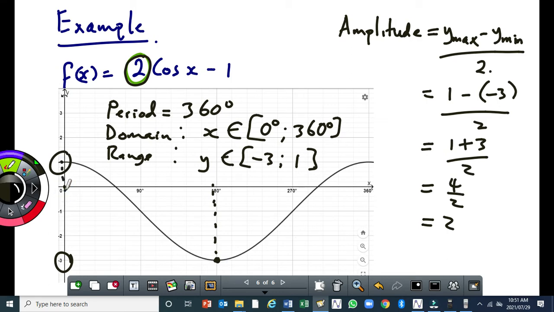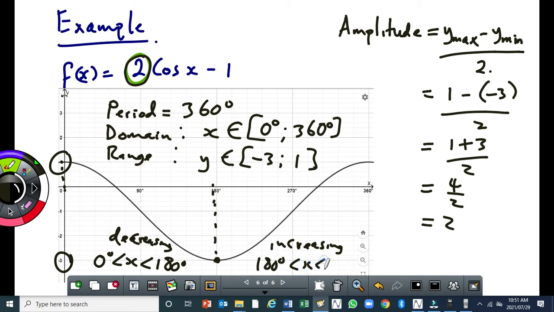So the answer for that question will be between 0 degrees and 180 degrees, the graph is decreasing. Between 180 degrees and 360 degrees, the graph is increasing.